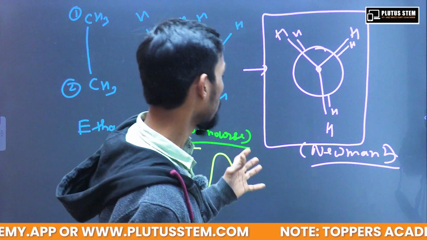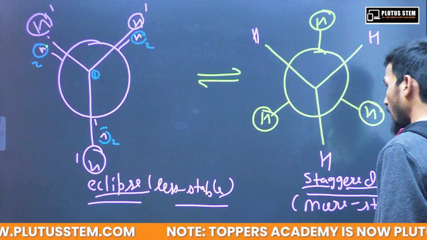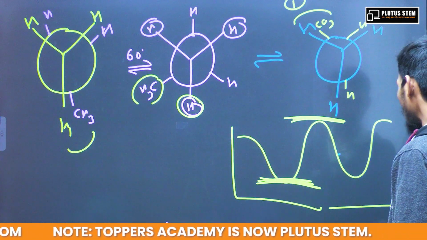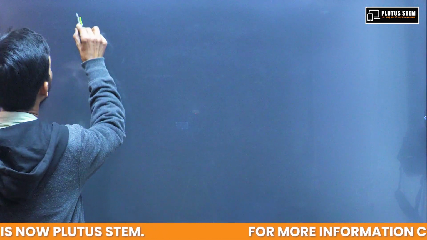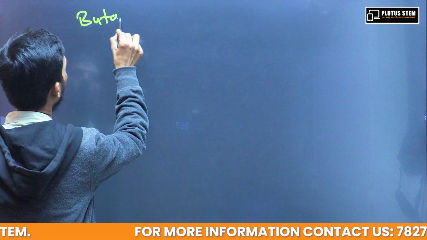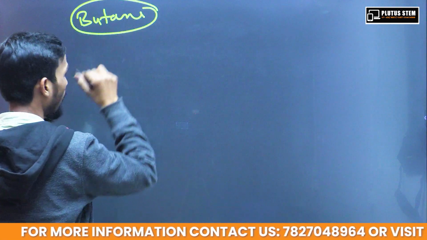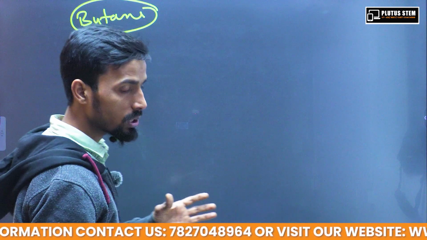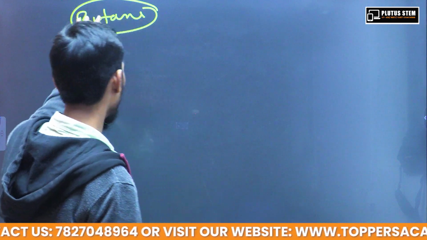This type of conformational isomers can be drawn for various other hydrocarbons such as butane, pentane, hexane. We are going to discuss butane in the upcoming lecture. Over here we only had eclipse form and staggered form.